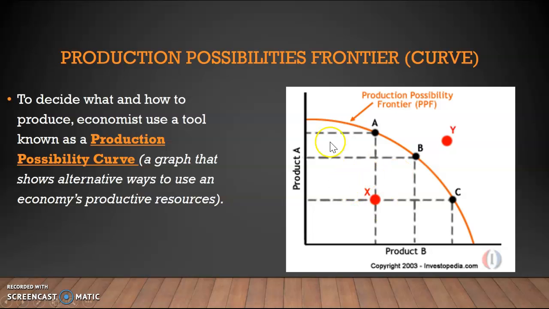So what this curve shows is different ways that this government might decide to allocate its resources. Produce more of A and therefore less of B, about the same of each, and then more of B and less of A. That just shows what might result when a government or an economy makes certain decisions.